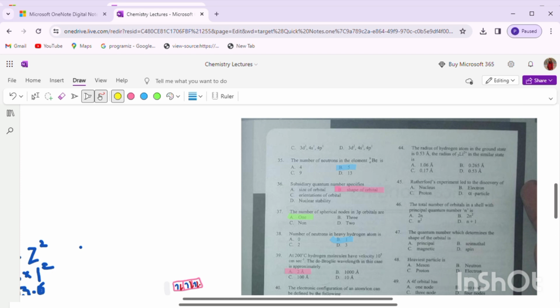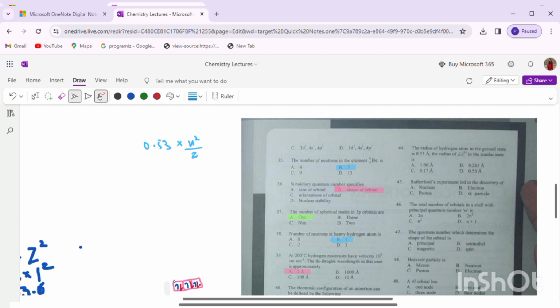So the 44th MCQ, what are they asking us about? The radius of the hydrogen atom in the ground state is 0.53. The radius of lithium plus 2 in the similar state, right? We have just discussed the formula: 0.529 or 0.53 into n square by Z is the actual formula.